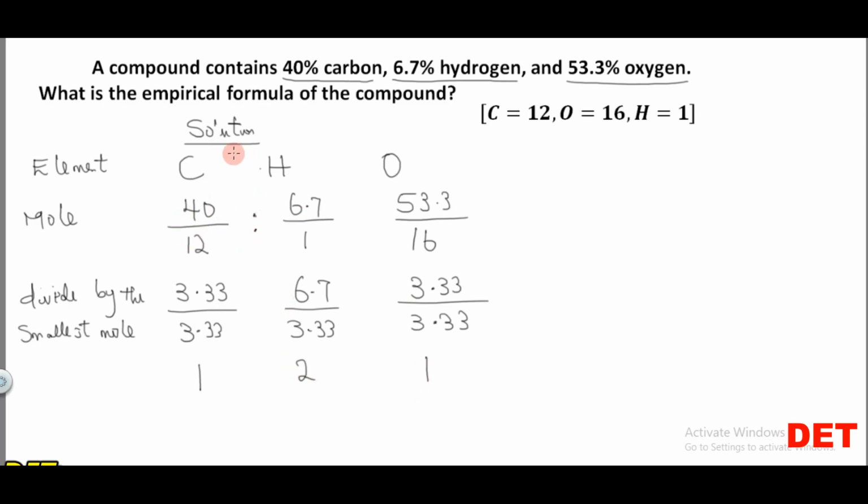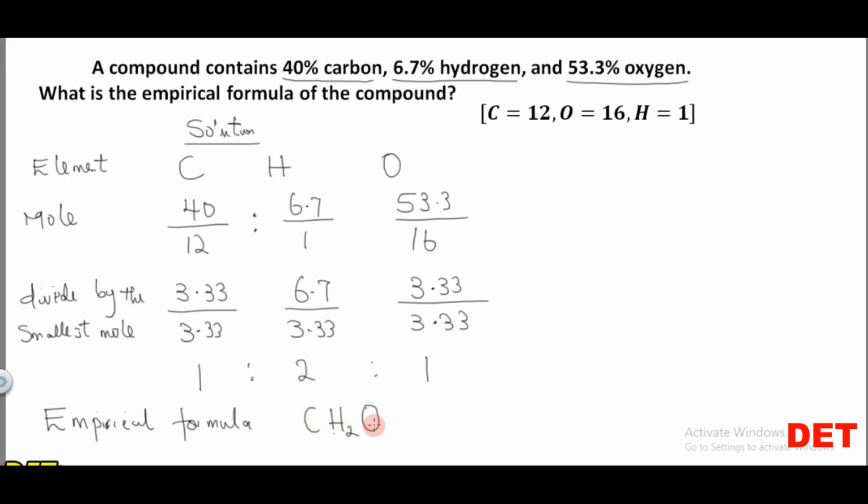So the ratio of carbon to hydrogen to oxygen in this compound is 1:2:1. Therefore, the empirical formula of this compound is CH2O.